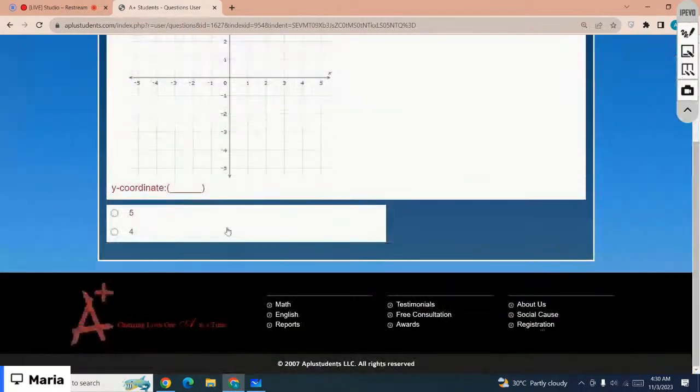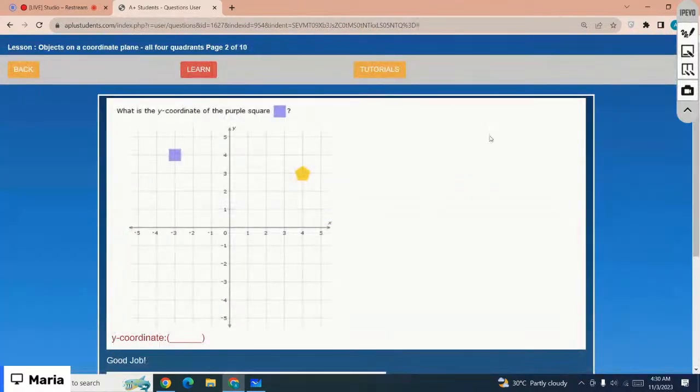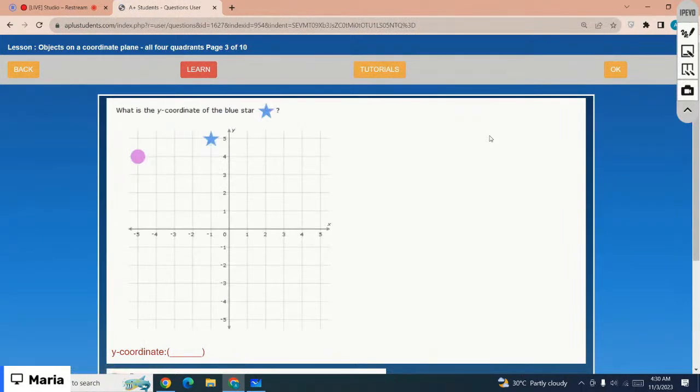Very good. What is the y coordinate of the blue star? So, which is the correct option?